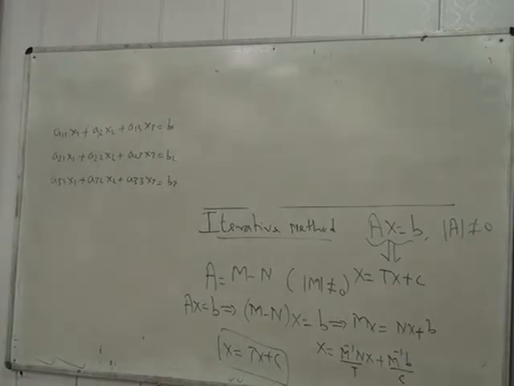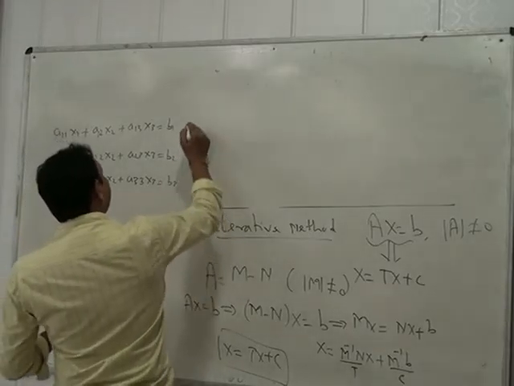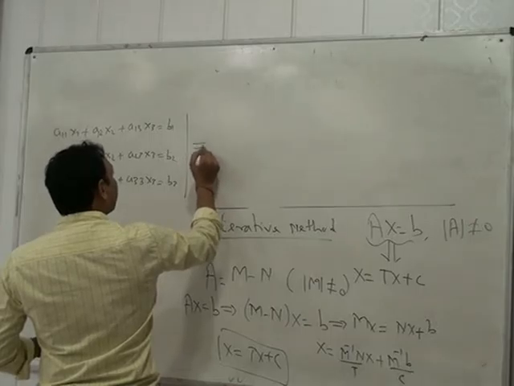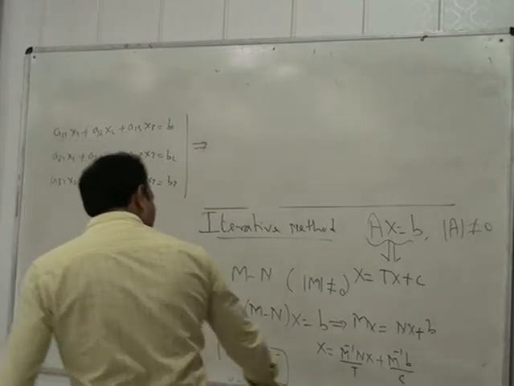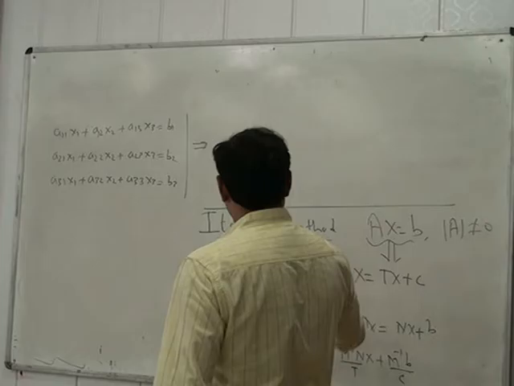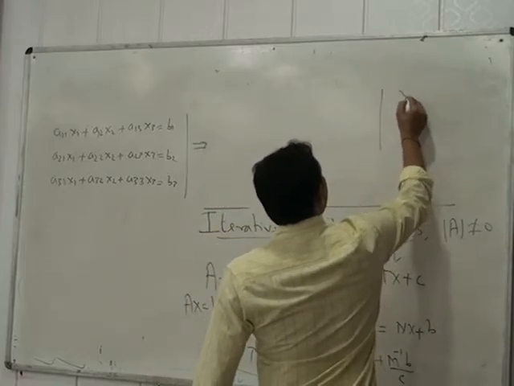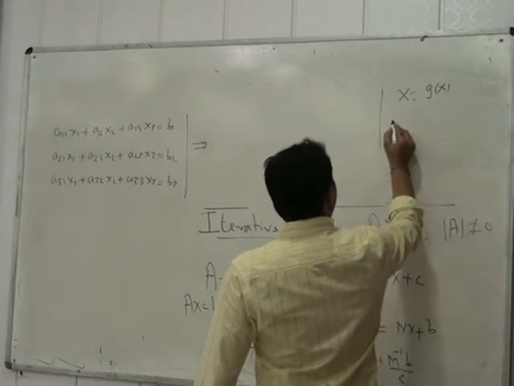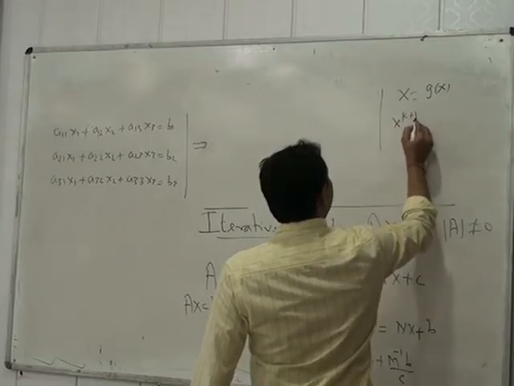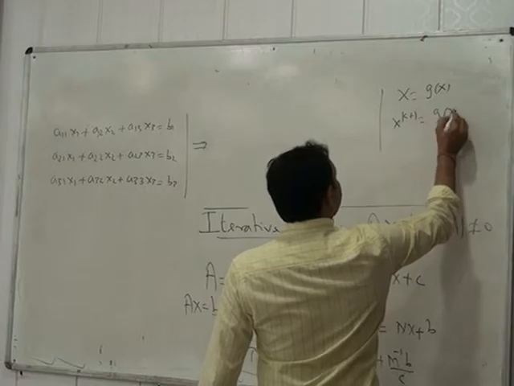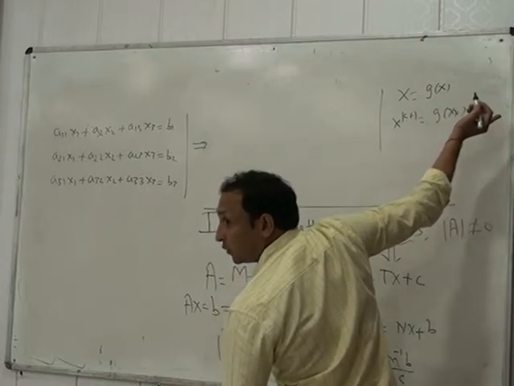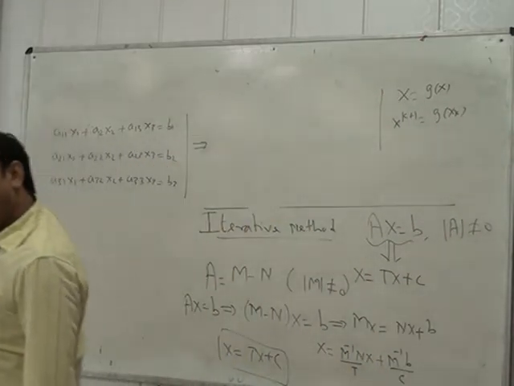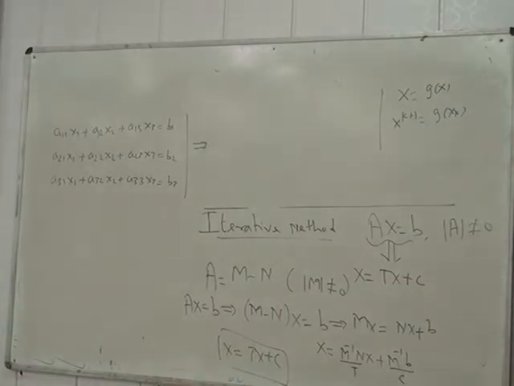Just recall. Suppose you want to find the fixed point of g(x). How do you find it? You write your scheme as x(k+1) equal to g(x_k), with k going from 0 to n, whatever you want, and then we have to look for convergence.